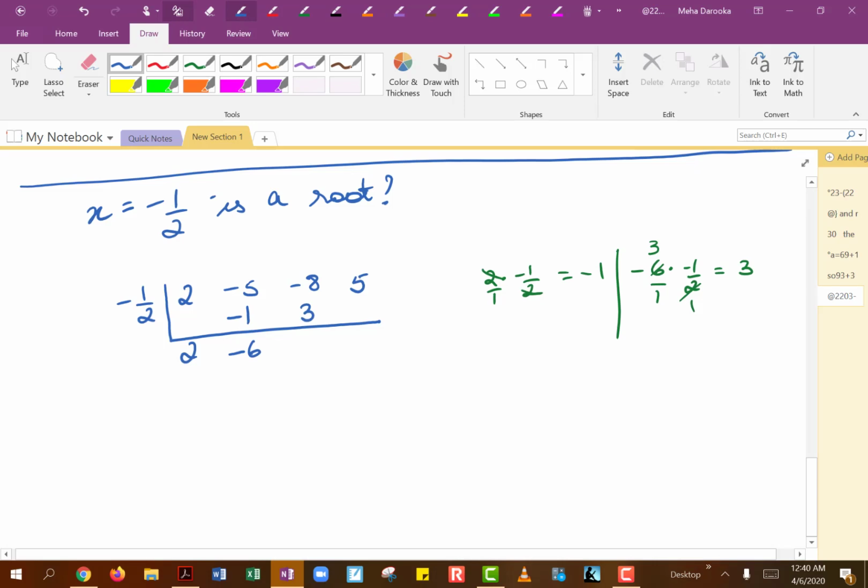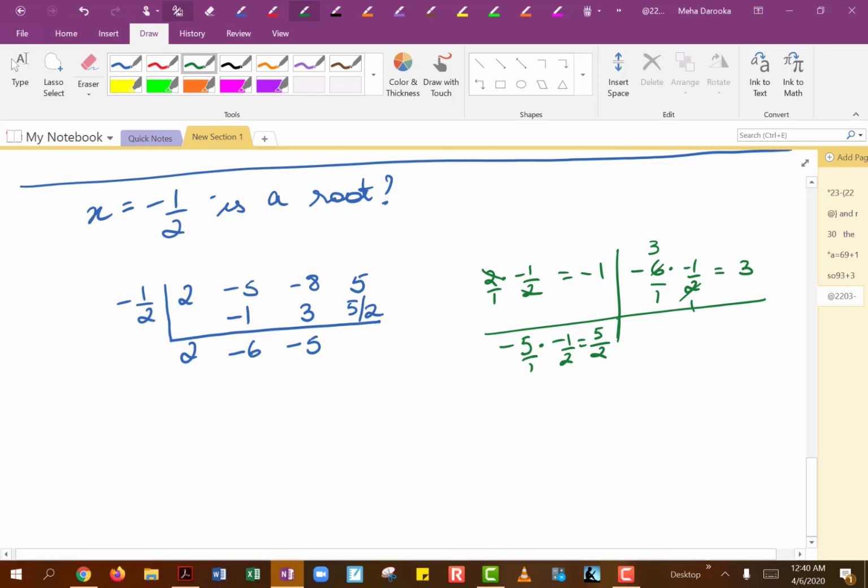Negative 8 plus 3 is negative 5. And then when I multiply negative 5 with negative 1/2, since 2 does not go into 5, you end up getting positive 5/2 as this here.